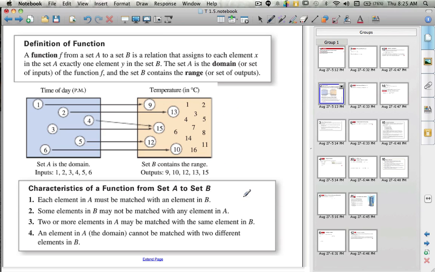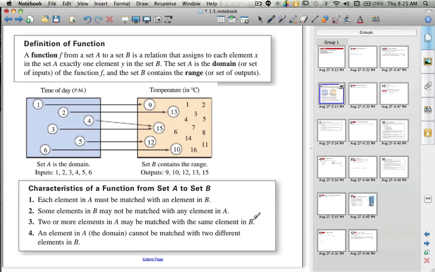So this is really formal, the way they're describing the characteristics of a function from set A to set B. Each element in A must be matched with an element in B, meaning for an input, I must have an output. Some elements in B may not be matched with any element in A. So you'll notice I've got all these different possible outputs, but they're not actual outputs.